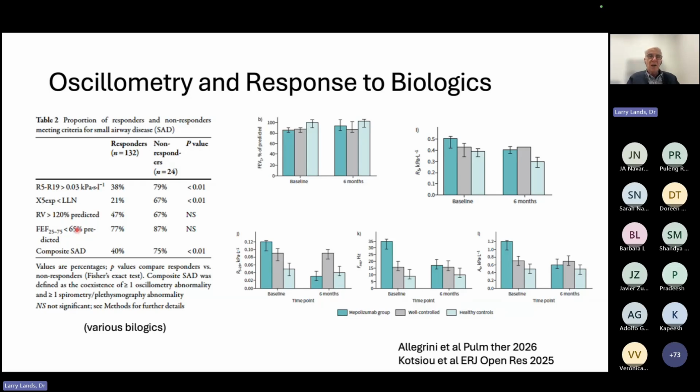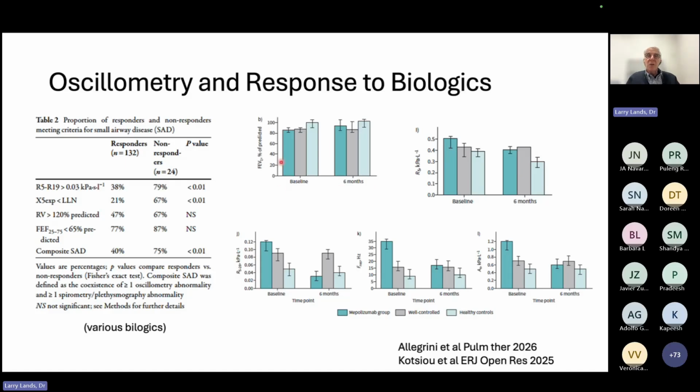Notice that air trapping and the FEF 25-75 really wasn't helpful, but the oscillometry measures did, as well as a composite measure. And here was a study that looked at patients with mepolizumab over 6 months, and they compared them to healthy controls and a group who were well controlled.